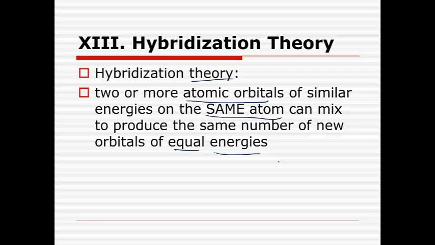So basically the 2s and some of the 2p orbitals actually mixed. They're similar in energy because they're both n equals 2, but they're not the same. If we take 1, 2, 3, 4, that means I have to produce 4 orbitals with the same energy.